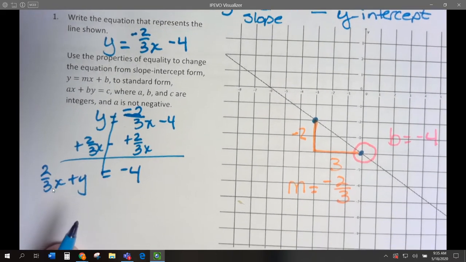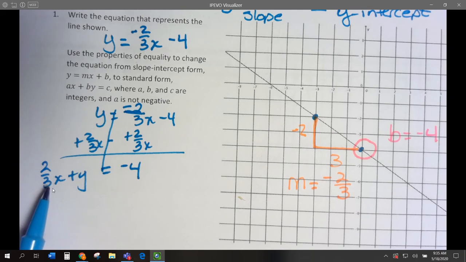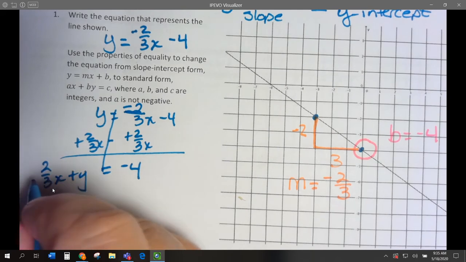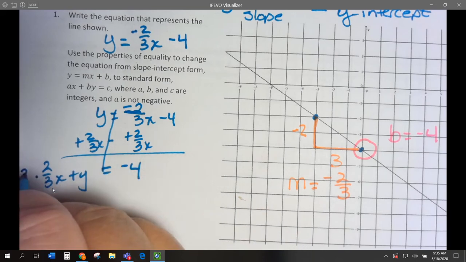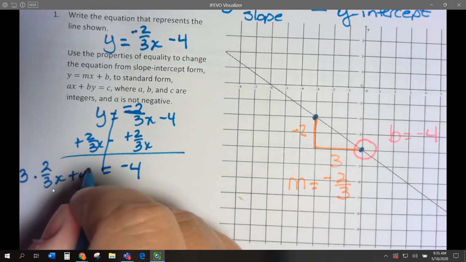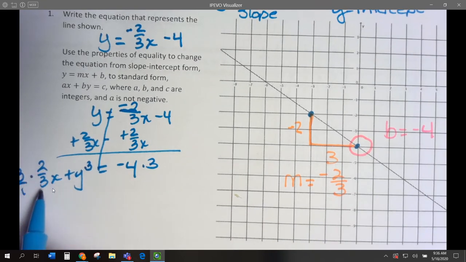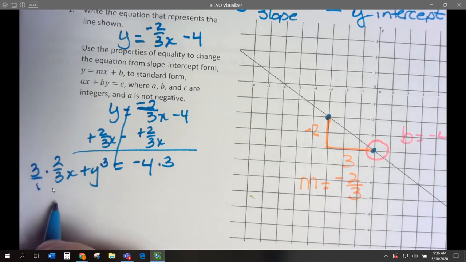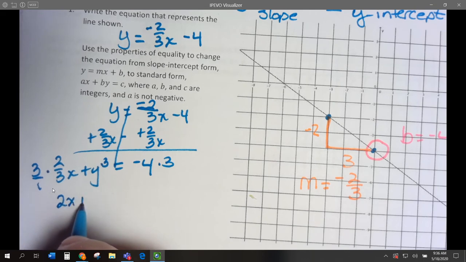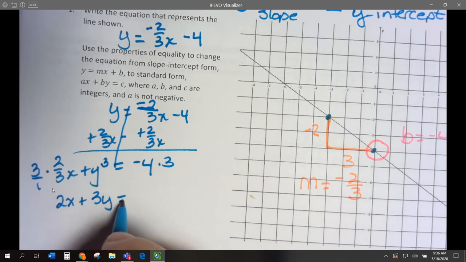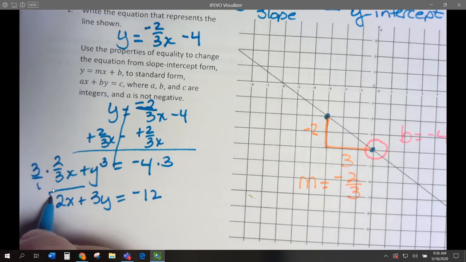Now, they don't want us to have this be a fraction, so let's multiply everything by 3. 3 over 1, we're going to get 6 over 3, which is 2x plus 3y equals -12.